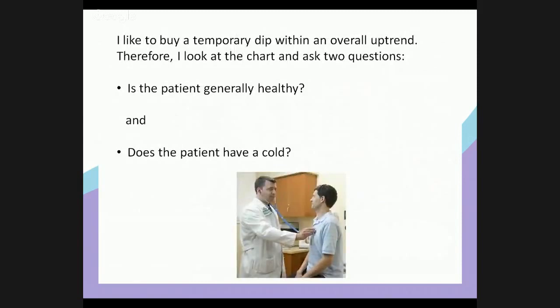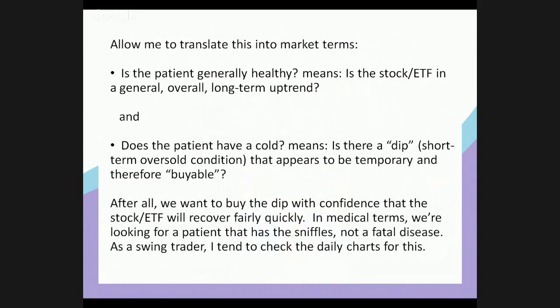I like to buy a temporary dip within an overall uptrend. Therefore, I look at the chart and I ask two questions. Is the patient generally healthy? And does the patient have a cold? Allow me to translate this into market terms. Is the patient generally healthy? Means, is the stock or ETF in a general, overall, long-term uptrend?